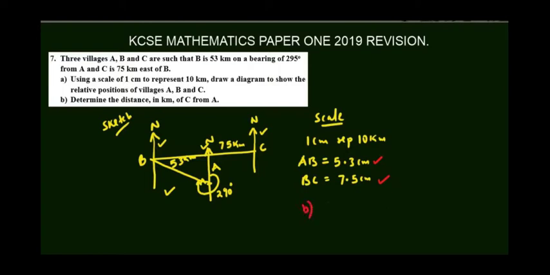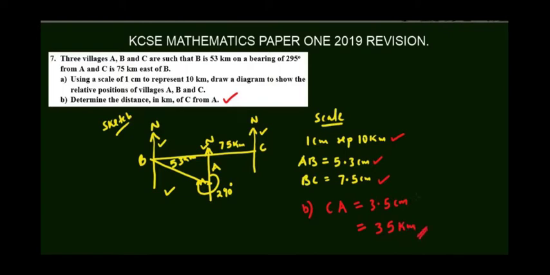for part B the measurement of CA to be 3.5 centimeters. But remember, we have to leave our answer in kilometers, so converting with our scale, 1 centimeter represents 10 kilometers. Therefore 3.5 centimeters should give us 3.5 by 10, that is 35 kilometers.